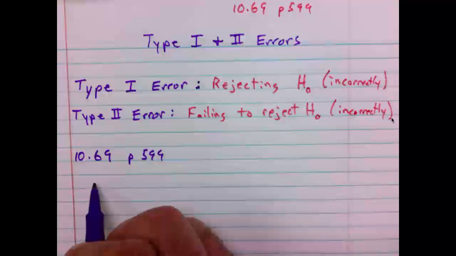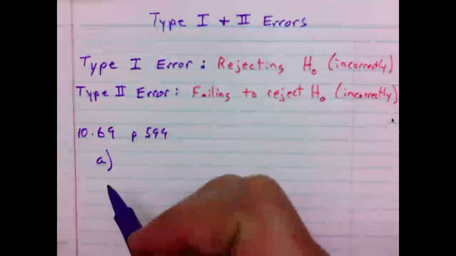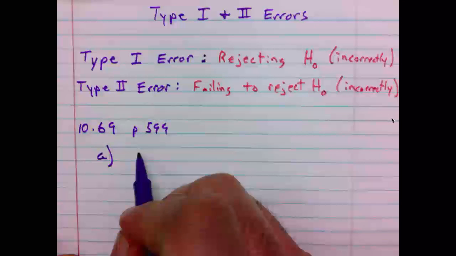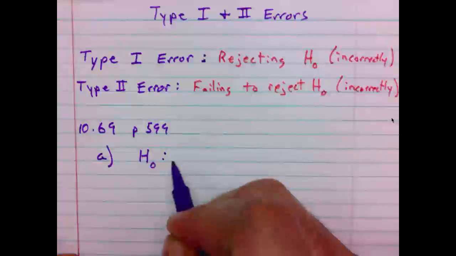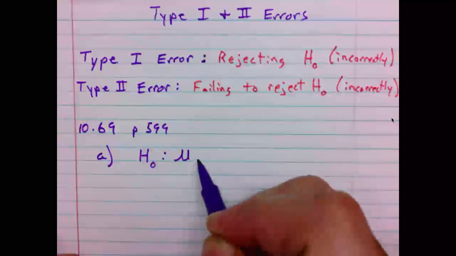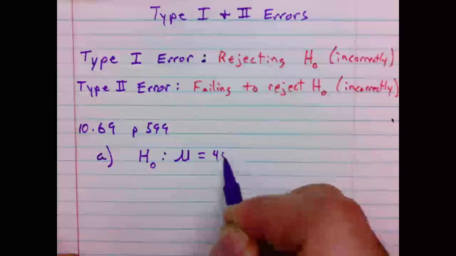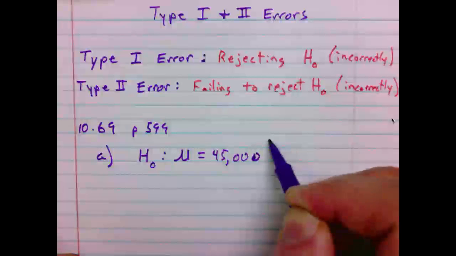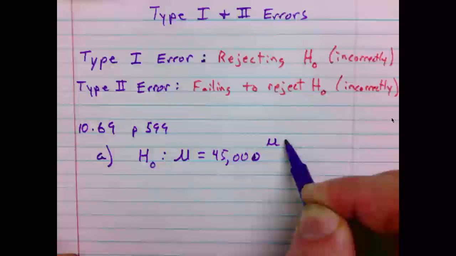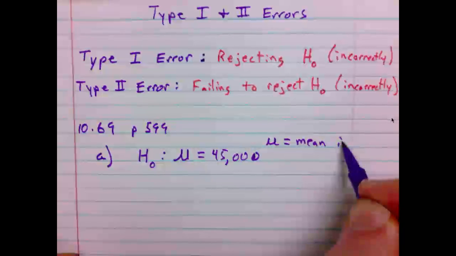Before we're able to identify our errors, we need to have our null and alternative hypothesis. Our null hypothesis would be that the mean income is 45,000. Okay, mu is 45,000, where mu is the mean income in our area.